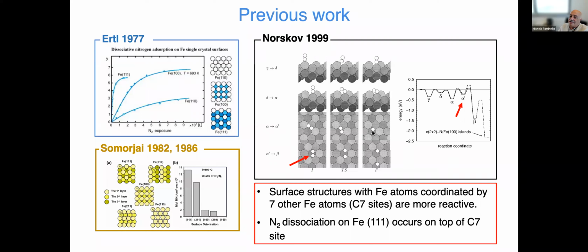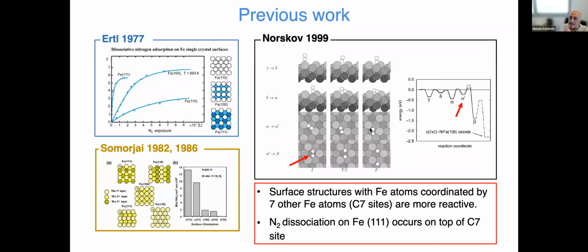And the nitrogen molecule, when it lands there, has still a small barrier, but then you can go into the beta, into the dissociation. So it's a precursor to dissociation, being able to get into contact with this atom, which is called C7, because it has 7 neighbors.